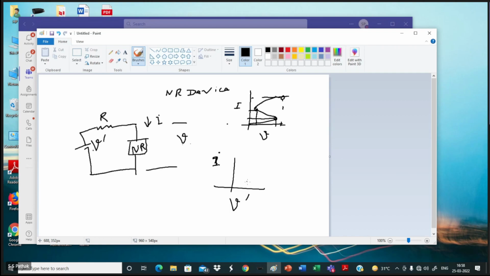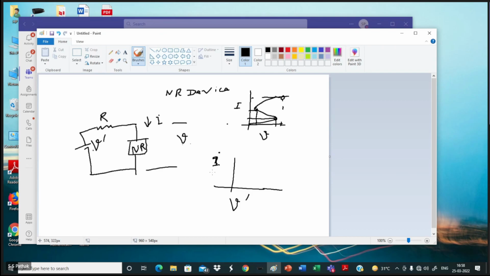V dash and I. What will be this characteristic curve? From here, it will be derived, because V dash and R are controlling the voltage V across the negative resistance device. So you have to plot V dash versus I. When we say plot the characteristic of the composite circuit, then you have to go like that.